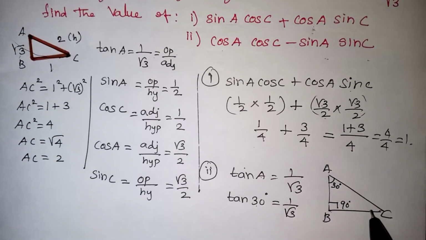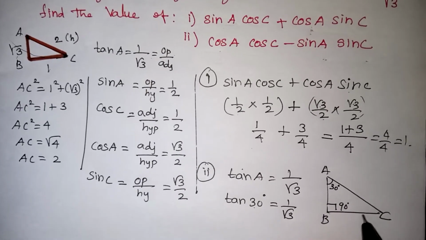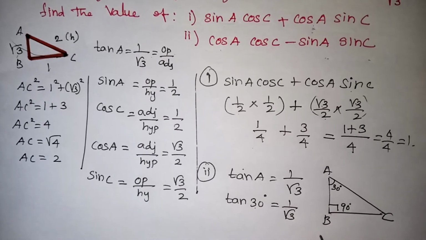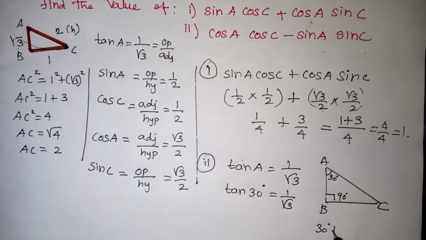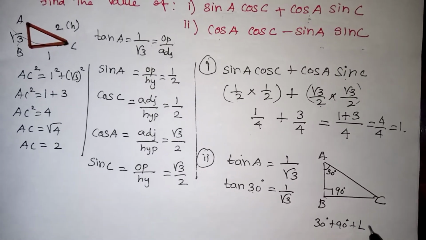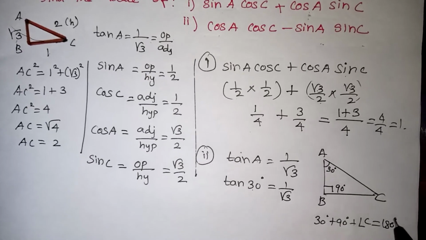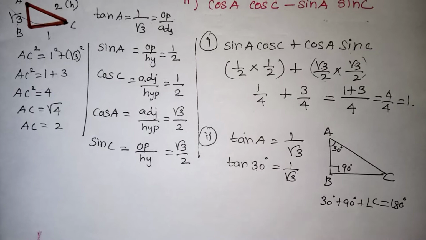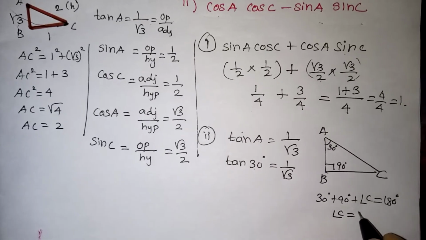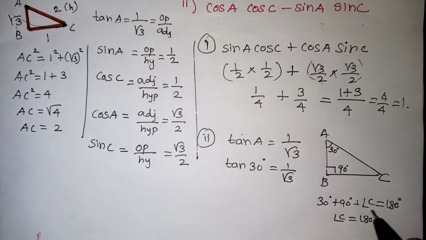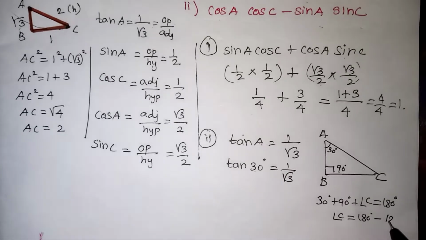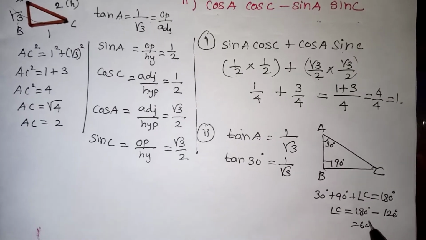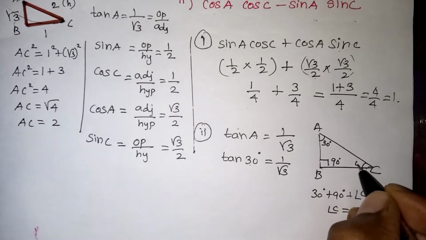In a triangle, if you add all three angles, it should come to 180. So 30 degree plus 90 degree plus angle C, which we don't know, is equal to 180. 90 plus 30 is 120. If we take 120 to the other side, it becomes minus, so 180 minus 120 is equal to 60. So definitely the angle C will be 60 only.